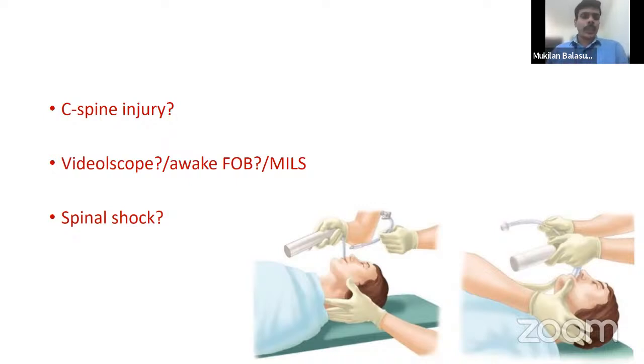One who is going to intubate stands on the head side, and the other supports the cranium at the occiput and the cervical spine. The role of this person is to make sure that there is no movement at the cervical spine while the other intubates. So that's MILS.